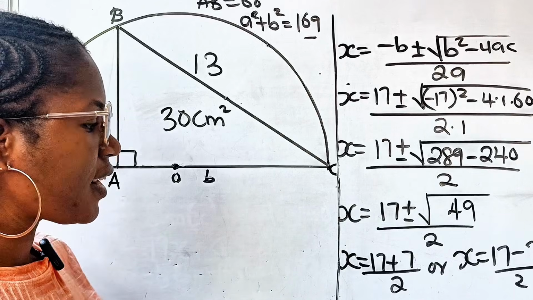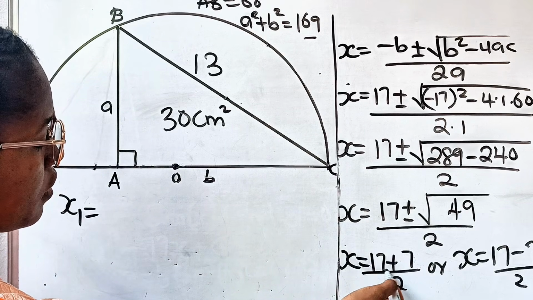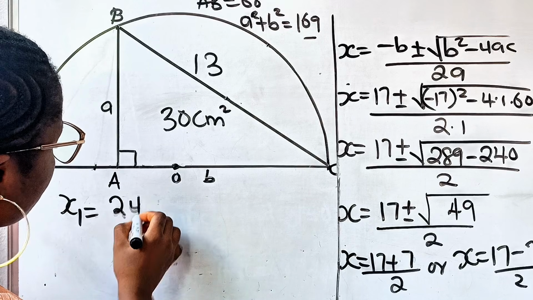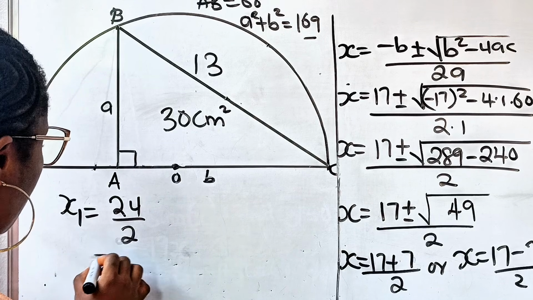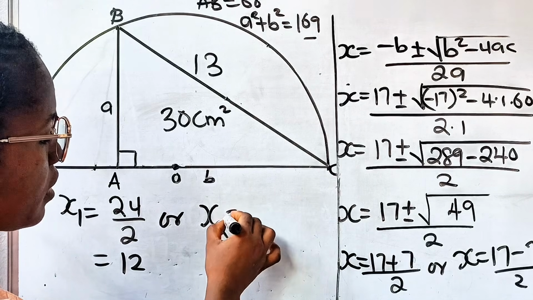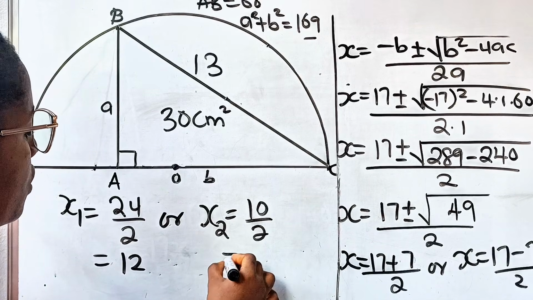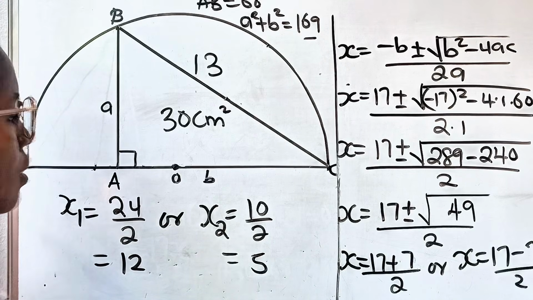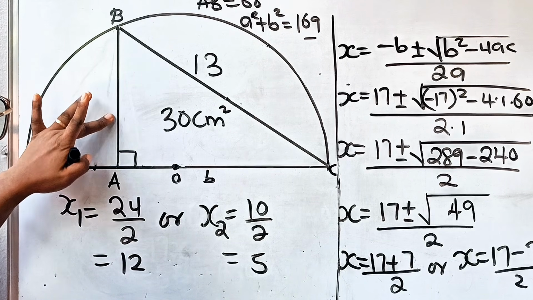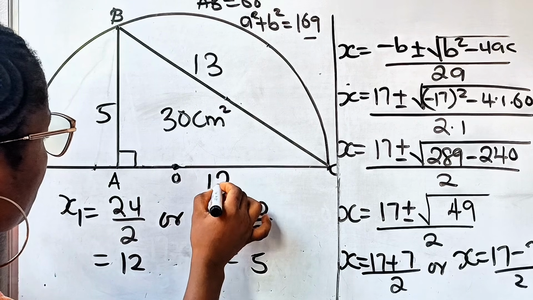Okay, so it means that the first value of x is 17 plus 7 is 24, and this will give us 12. Or the second value of x is 17 minus 7 is 10 divided by 2, so this will give us 5. Therefore, the shorter part of this triangle is 5, while the longer side is 12.